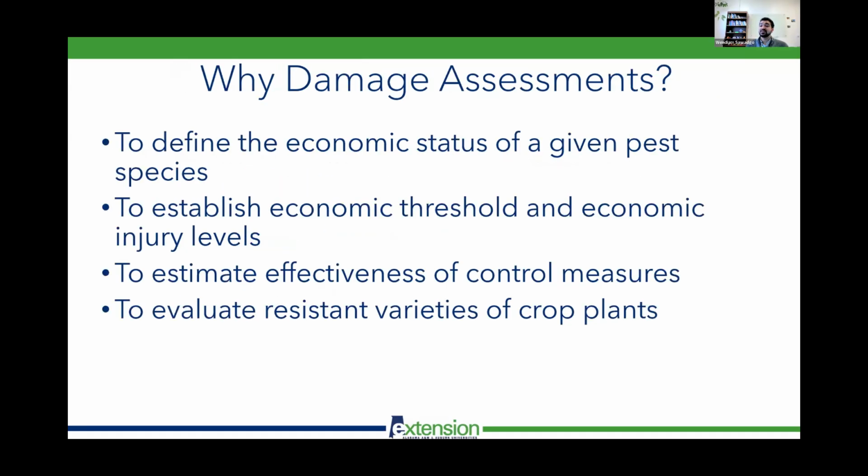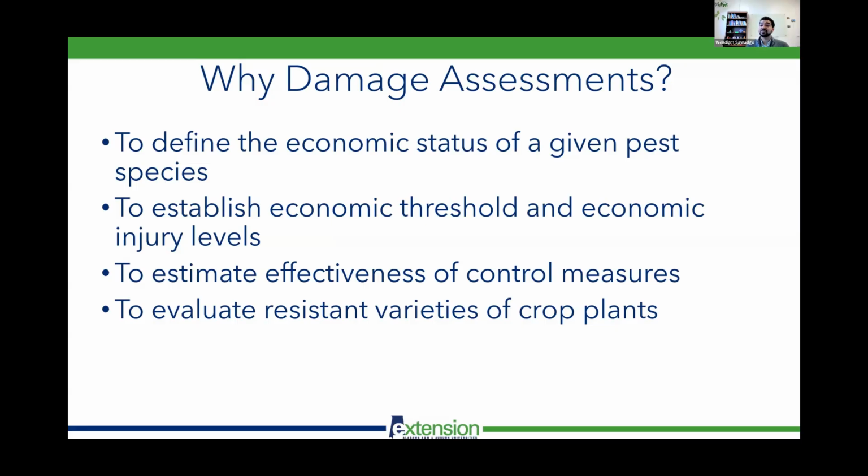And so we use damage assessments often to define the economic status of given pest species. A lot of times we use them for the economic assessments for stuff that's already happened in the past. For example, with recent fall armyworm outbreaks, damage assessments were used to determine basically what was the economic status of the outbreak, and could be used for governmental program reasons as well.